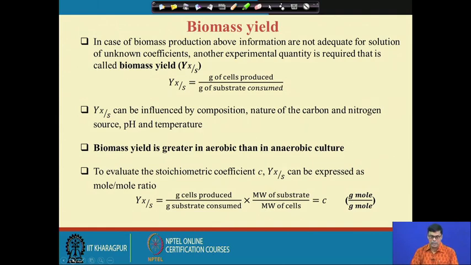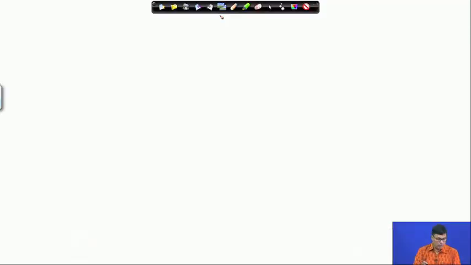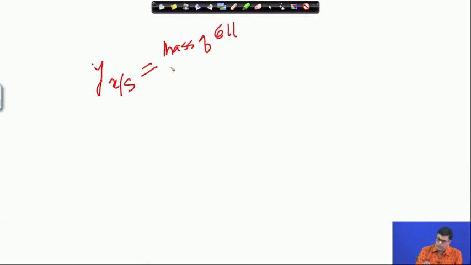Now, biomass yield is another very interesting thing. Let me explain that. Y x by S is equal to mass of cells per mass of substrate consumed.